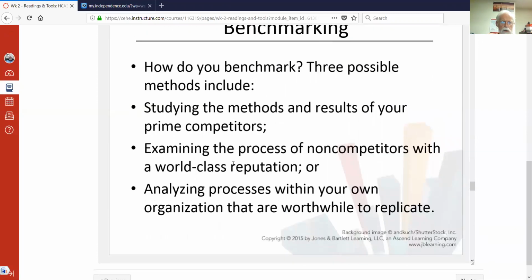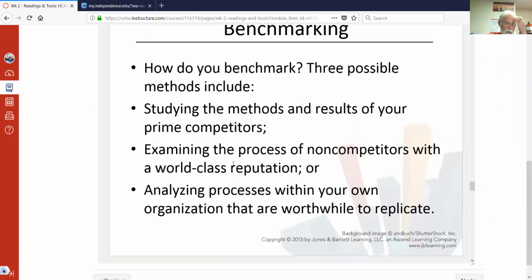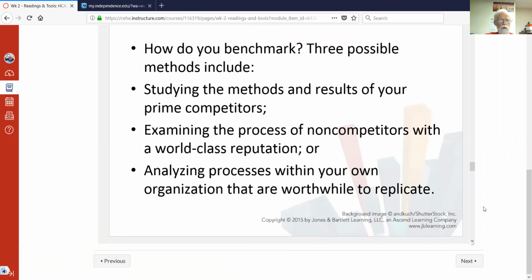So we're looking at these benchmarkings to really examine how they compare with our competitors against non-competitors. If you're benchmarking, say, a hospital against Mayo, a world-class clinic, it may or may not be reasonable to do that.